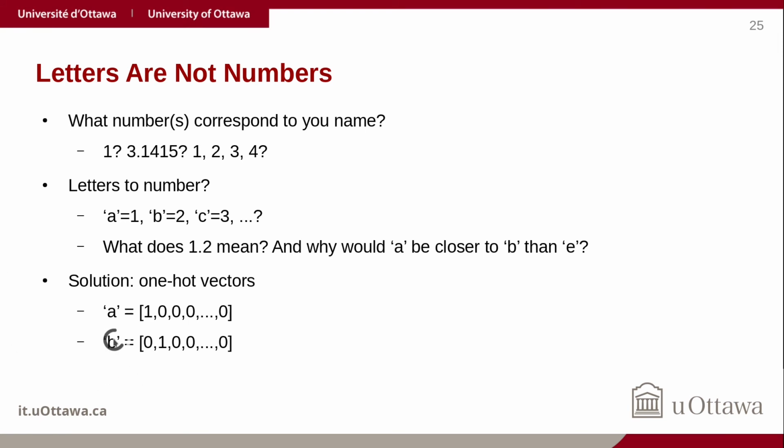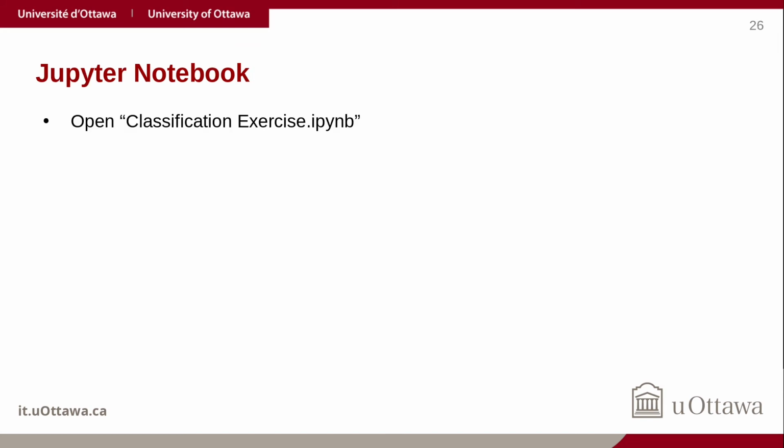So instead of saying A equals 1, we say A equals the vector 1, 0, 0, 0, 0, 0, 0, B equals the vector 0, 1, 0, 0, 0, 0, etc. Now all the letters have the same distance in vector space to each other, which makes more sense. This is used a lot in natural language processing, which is kind of what we're doing. So we're going to try that now.